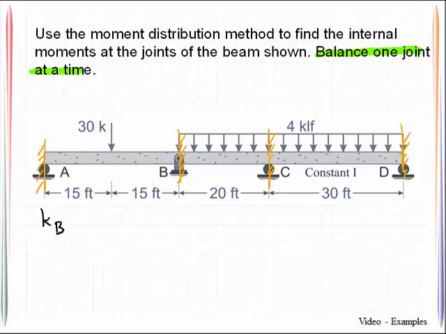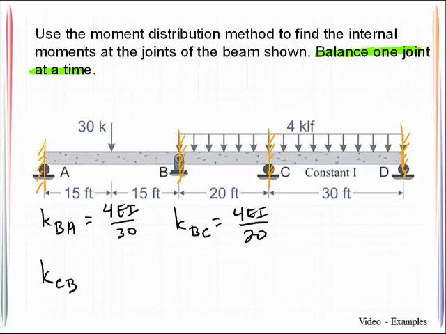So the stiffness at joint B due to member BA is 4EI over the length, which is 30. Stiffness at joint B due to member BC is 4EI over 20. Stiffness for CB, so that's joint C, 4EI over the length of member CB, 20.